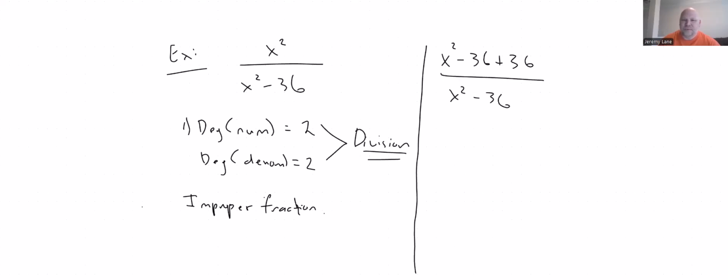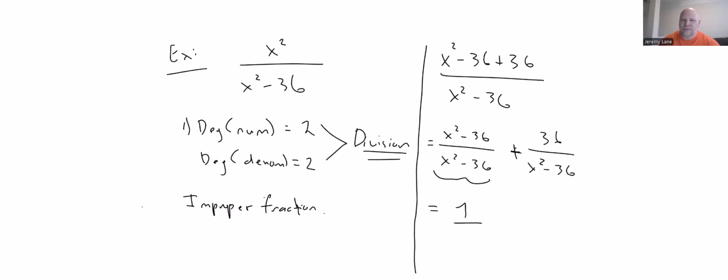And this becomes x squared minus 36 over x squared minus 36 plus 36 over x squared minus 36. This reduces down to 1 plus 36 over x squared minus 36. And this is now decomposed.